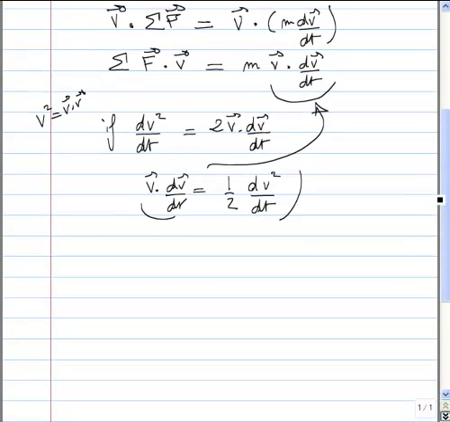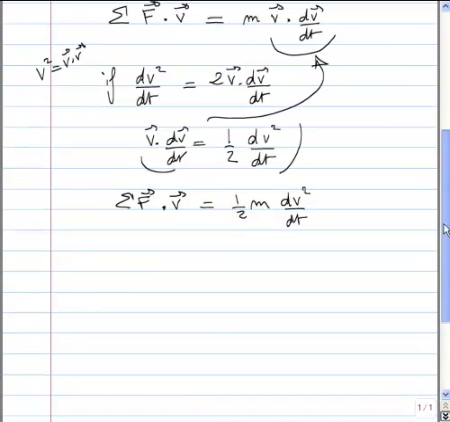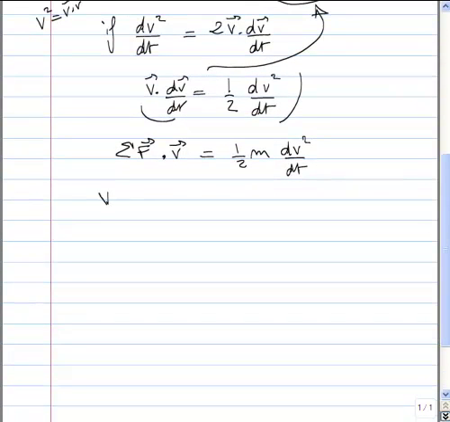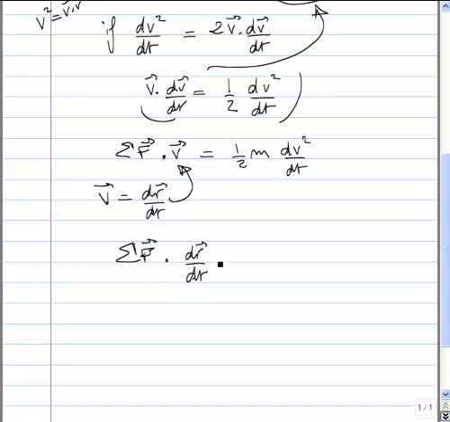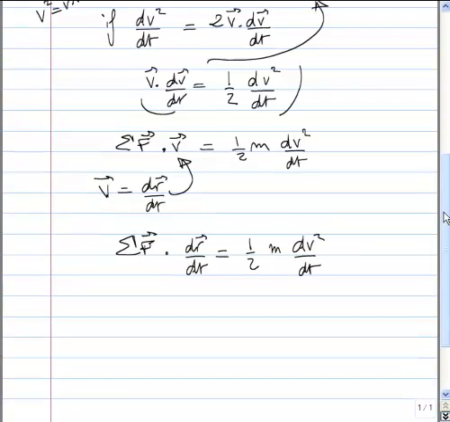We'll end up with sum of the forces dot v is equal to 1/2 m d(v squared)/dt. Now let's recall that the velocity is dr/dt. So if you plug that here, you end up with sum of the forces times dr/dt is equal to 1/2 times the mass d(v squared)/dt.